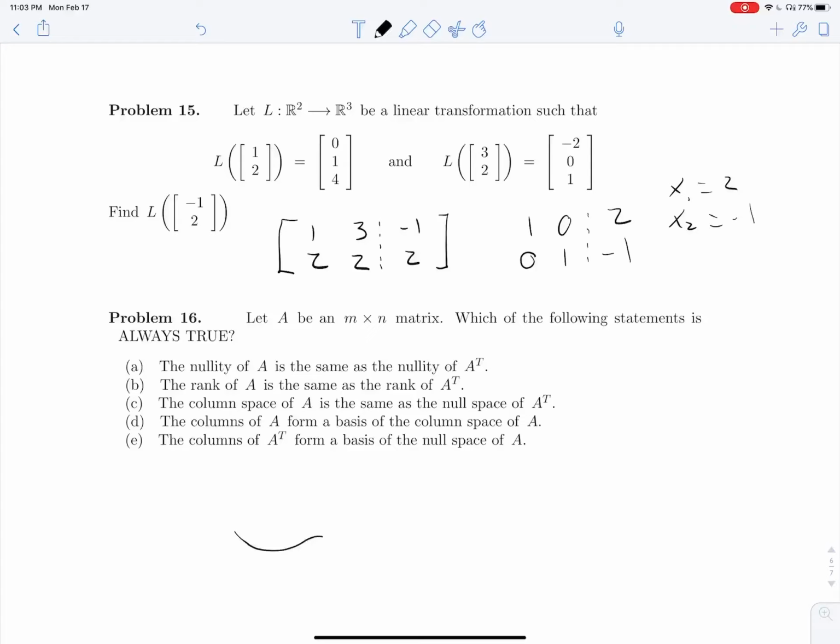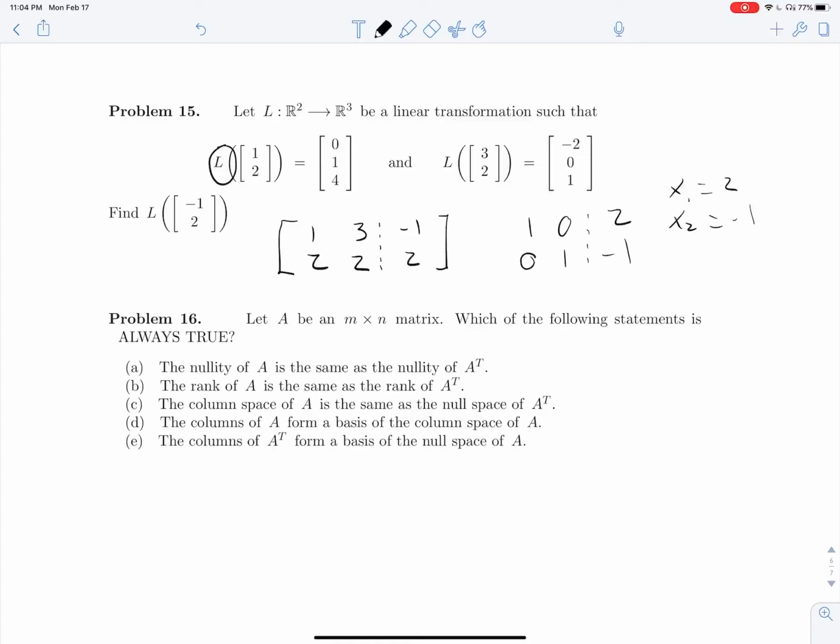We can translate that into 2 times 1, 2 plus -1 times 3, 2. And when we solve this, you'll see that we, in fact, do get -1, 2. But since each one of these undergoes the same transformation L, and we know our two properties that L works under vector addition and scalar multiplication, we can just apply these values, 2 and -1, to the output vectors.